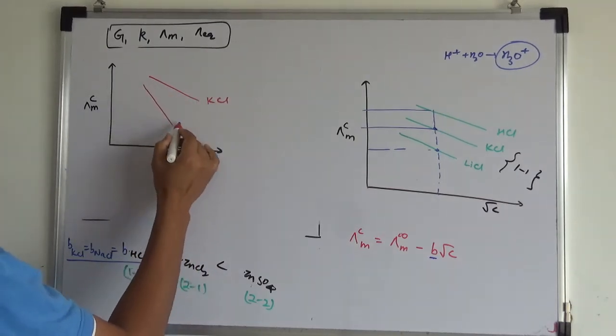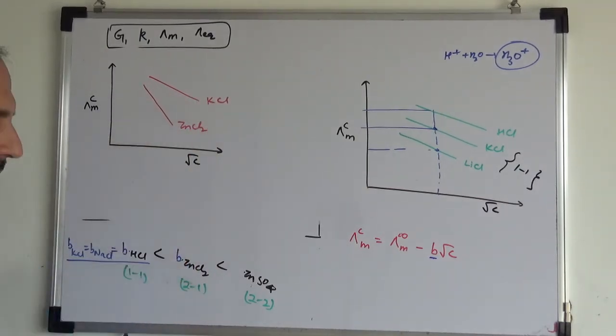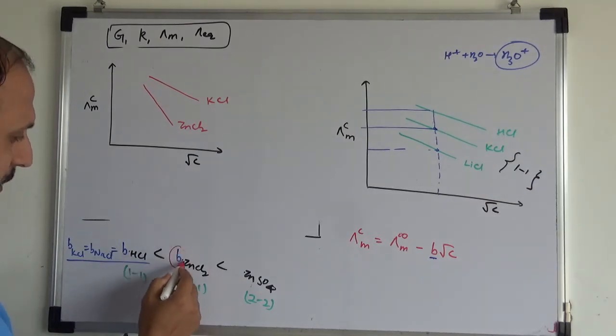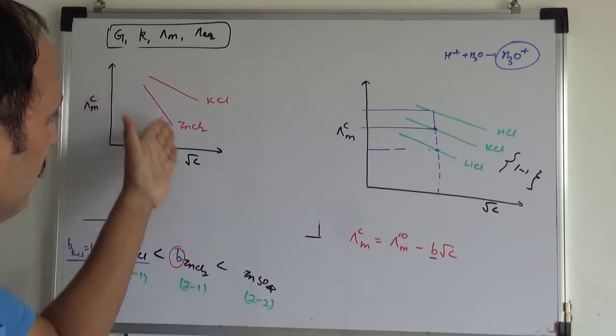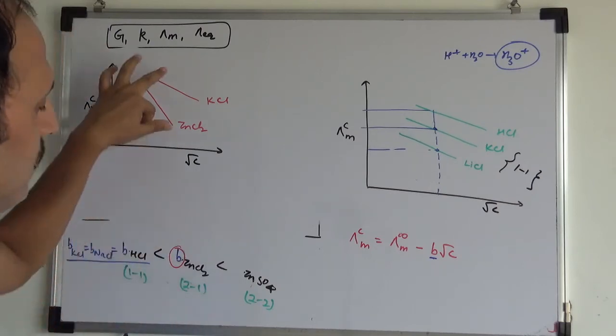For ZnCl2, this is the graph. ऐसा क्यों हो गया? Because ZnCl2 का slope अधिक है. Slope is more, so it is going to be like this. These two won't be parallel.